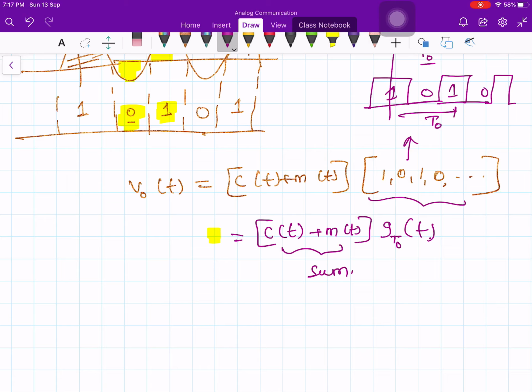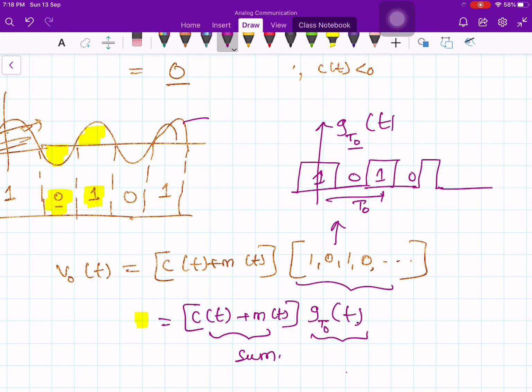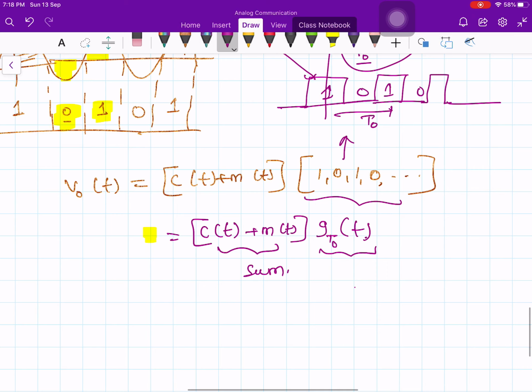So, c(t) plus m(t) is being multiplied by a switching function. That switching function is denoted by g_T0(t), where T0 is the period of the periodic waveform. You see, this is a periodic waveform. Why is it periodic? Your sinusoidal is periodic, and this pulse is generated from the sinusoidal function. Therefore, g_T0(t) is a periodic square wave. For half the carrier cycle you are multiplying with 1.